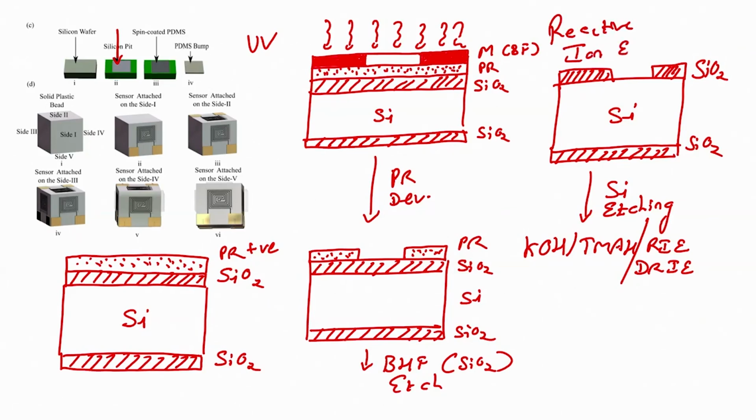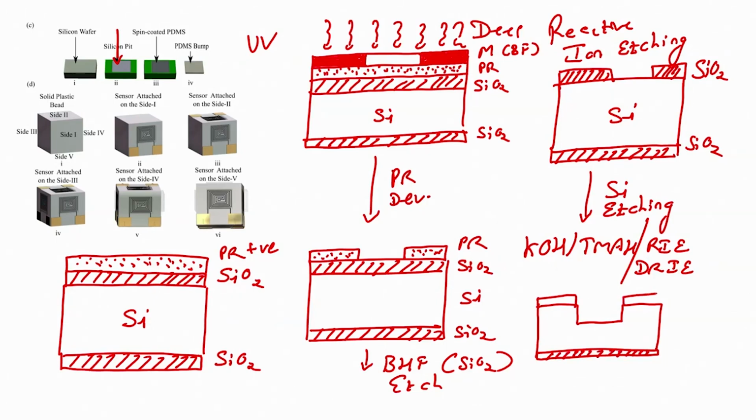When you do that, silicon dioxide acts as a mask during silicon etching, and you will get the pit.